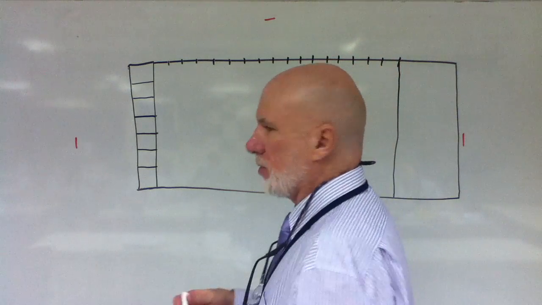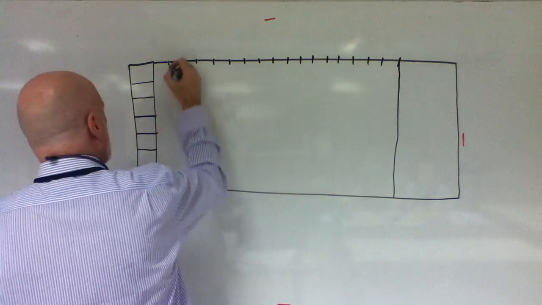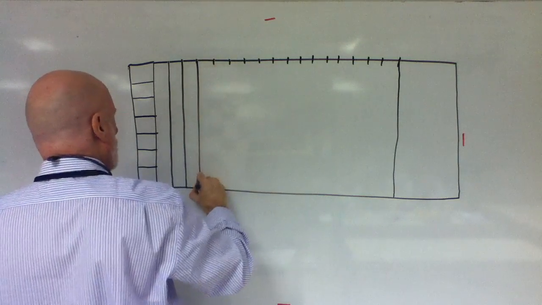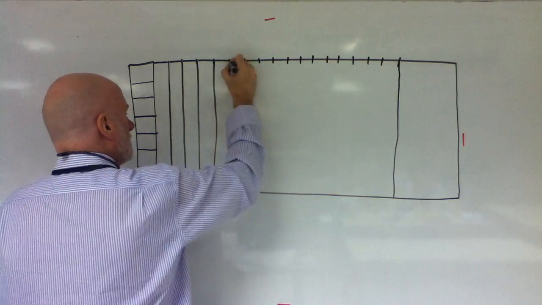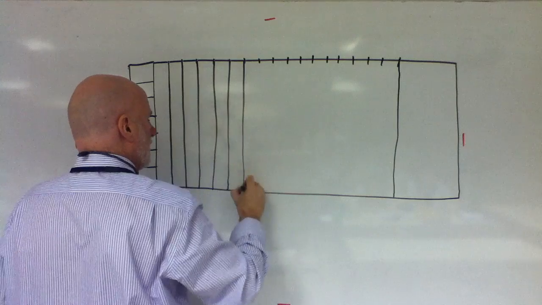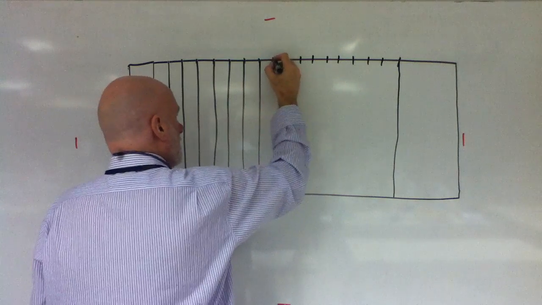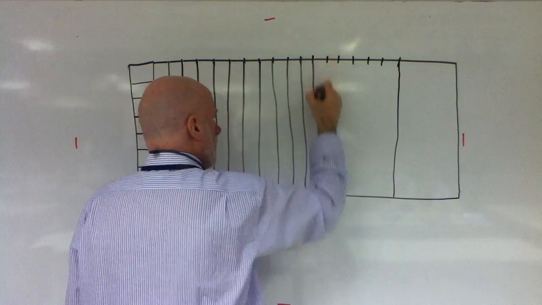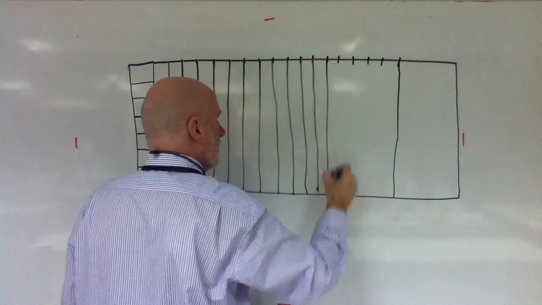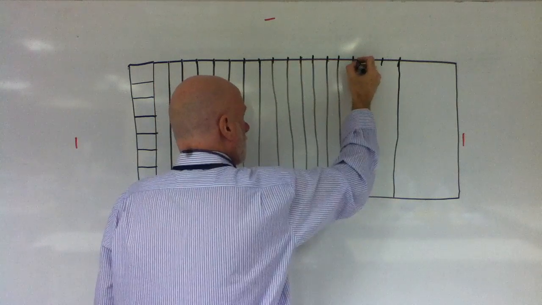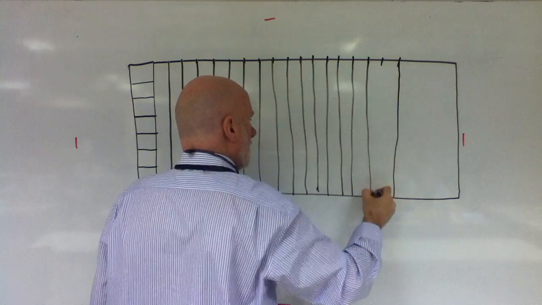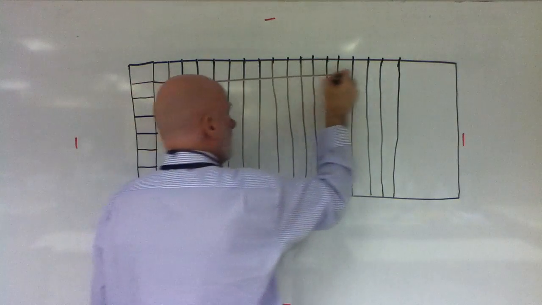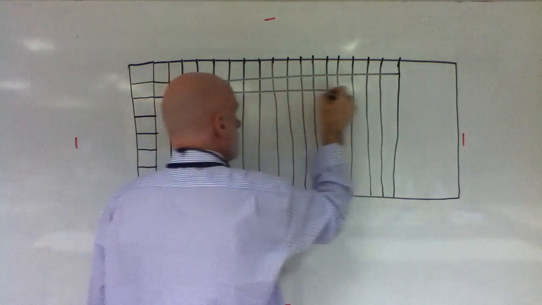So the next thing I'm going to want to do is make 18 columns, 1 through 18. And then I want to bring these over.